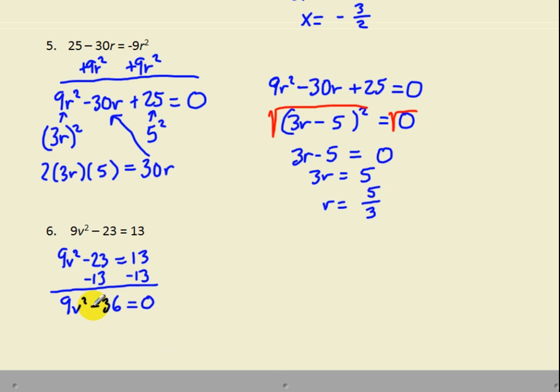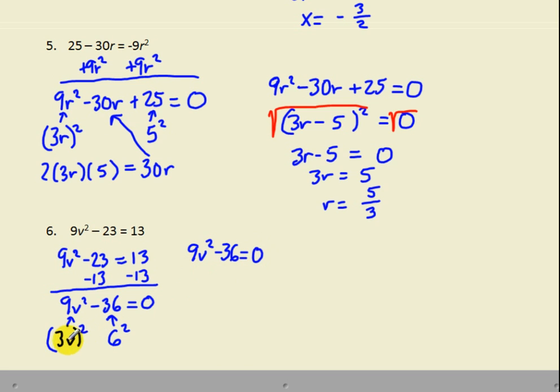And then notice that we have two perfect squares here, and we're taking the difference. So we have the difference of two squares. The 9v squared is equal to 3v squared, and of course 36 is equal to 6 squared. And so let me rewrite that: 9v squared minus 36 equals 0.